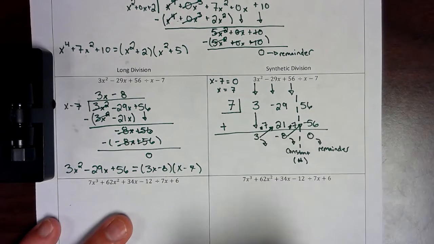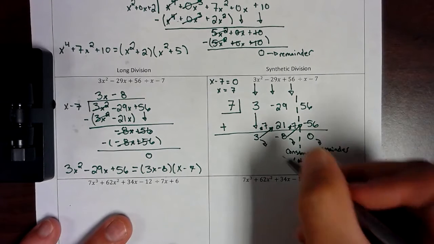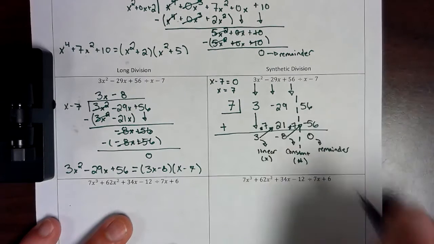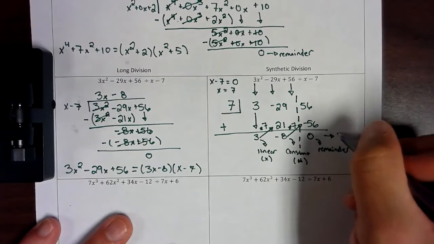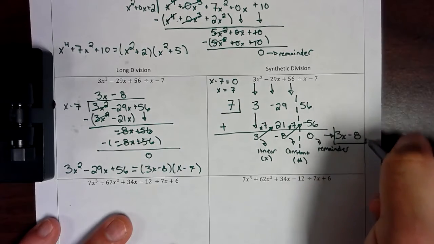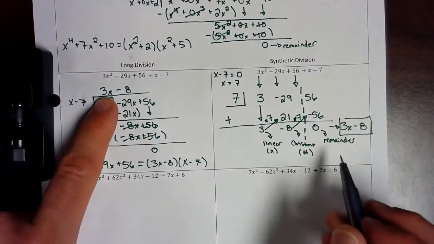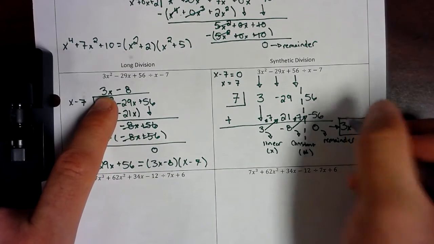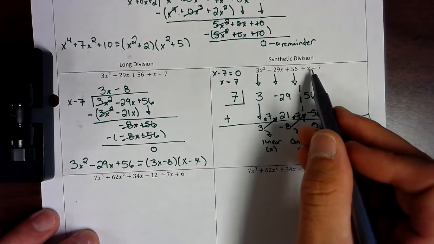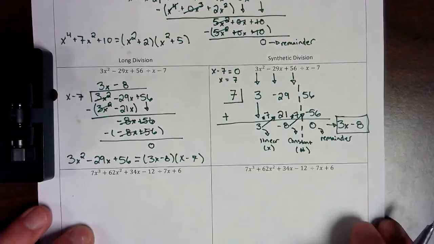The next term to the left of your constant term is your linear term, which are just x's. So really this is 3x minus 8. That same 3x minus 8 we got by doing long division. So once again, we have just factored this whole quadratic to be x minus 7 times 3x minus 8.